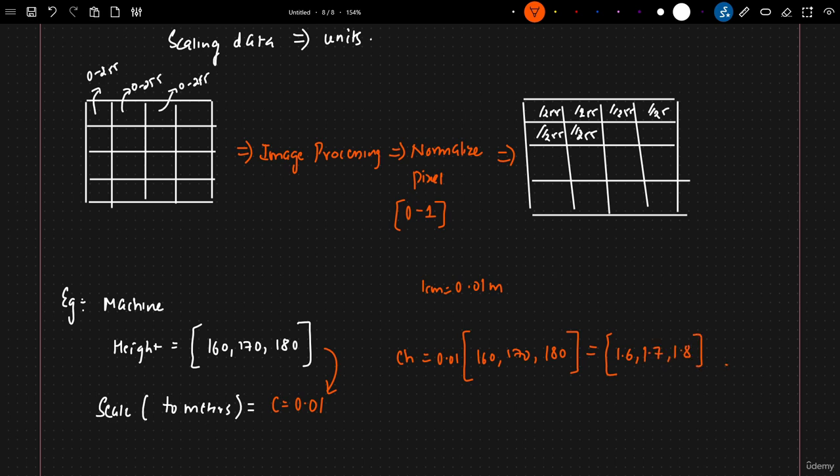In short, we have done scalar multiplication in order to scale some values into different units. This will be very helpful when we do specific calculations where we require the dependencies of some other units.